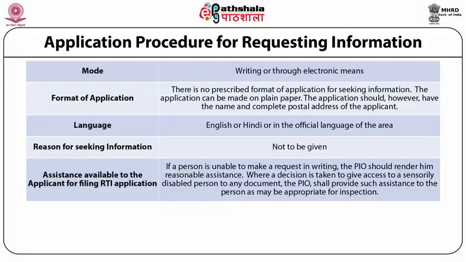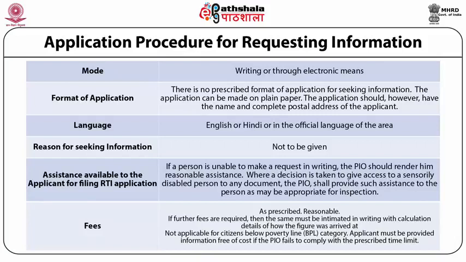When a decision is taken to give access to a sensorily disabled person to any document, the PIO shall provide such assistance to the person as may be appropriate for inspection. As far as the fees are concerned, the fees should always be reasonable, and it is always required by the organization to prescribe the fee. The fee may be 10 rupees also.